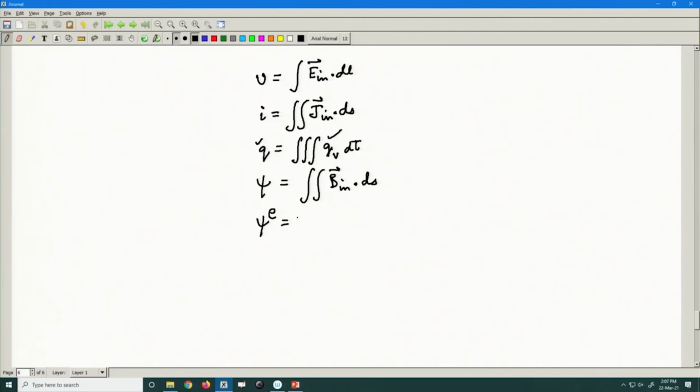Psi E, which is the electric flux, is given by the electric flux density D in dot ds, and U, the magnetomotive force, is given by the integral of H in dot dl.